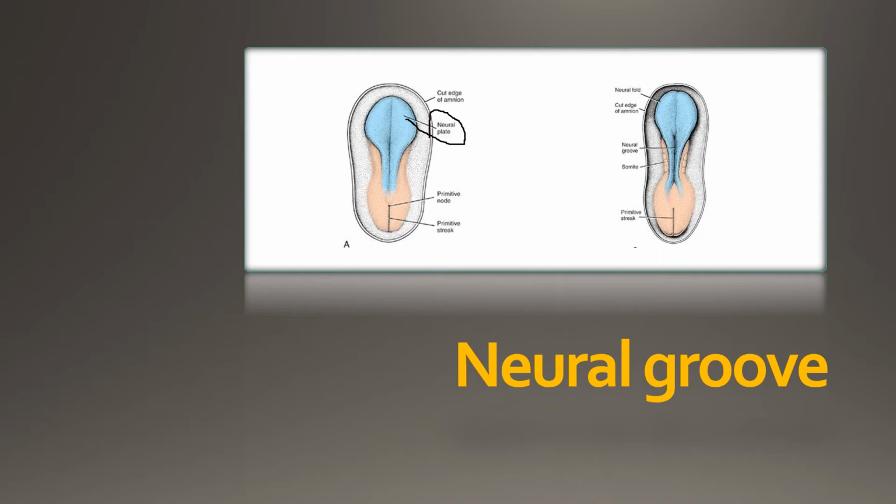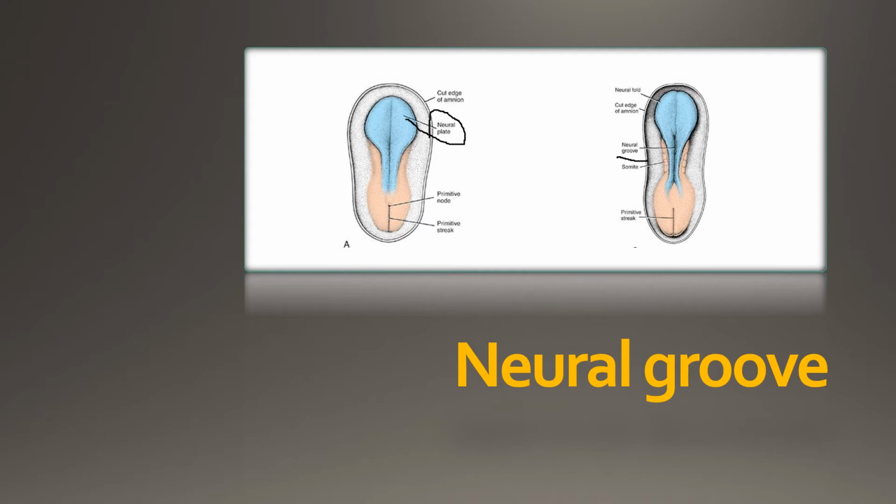Then during the somite period, this neural plate forms a canalized structure, which forms a gutter-like structure. This is called the neural groove.